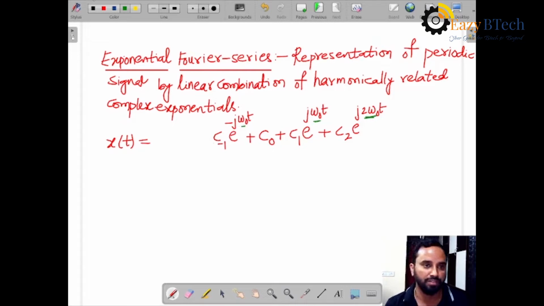Similarly on the left side we also get 2 omega naught, so plus c minus 2 e to the power minus j 2 omega naught t.